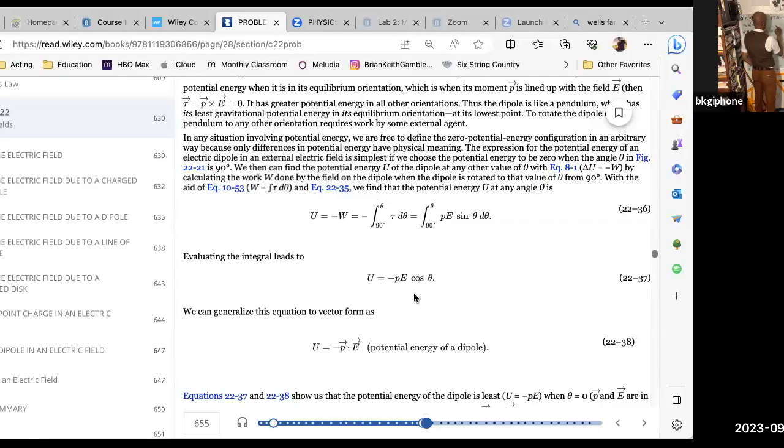So work is equal to the negative of, but it's final minus initial. And according to this, final minus initial. For this problem, final minus initial, that's going to be U at theta minus U at pi over 2.